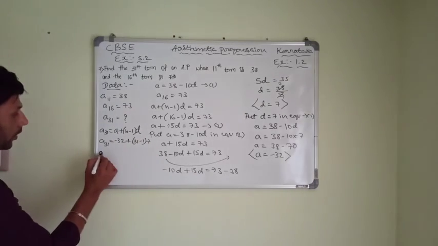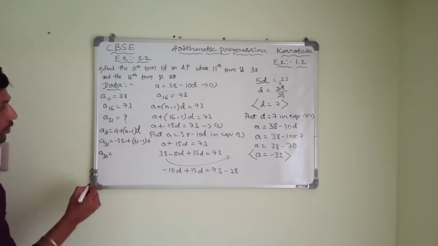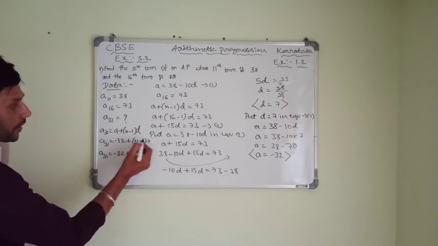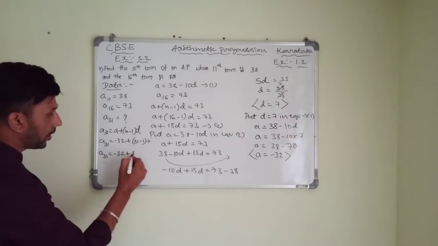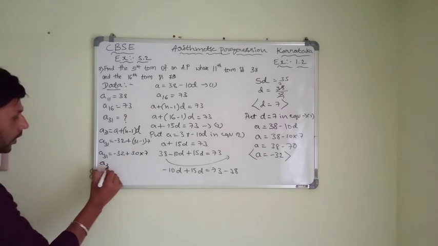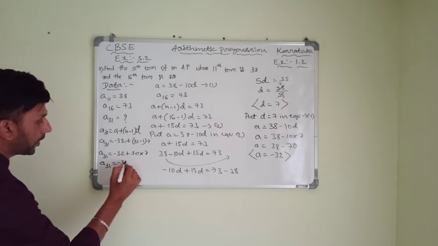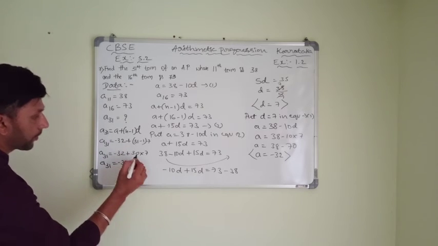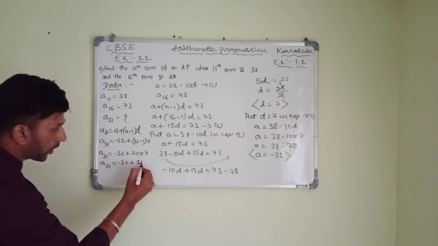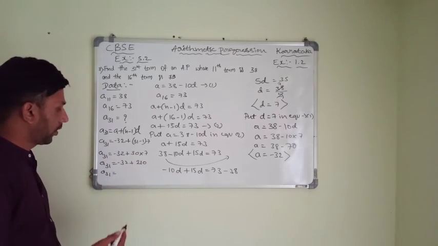Now a 31st is equal to minus 32 plus, if you subtract 31 minus 1, nothing but 30 into 7. So a 31st is equal to minus 32 plus, 7 threes are 21, nothing but 7 30s are 210.